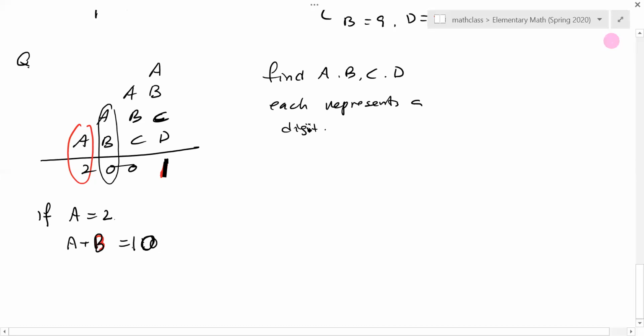If A is 2, A plus B should be 10, because you got 0 there. Otherwise A is 0, B is 0, that's impossible, since you already said A is 2. But then this implies B is going to be 8. So you just solve step by step, going back. If A is 2, B should be equal to 8.